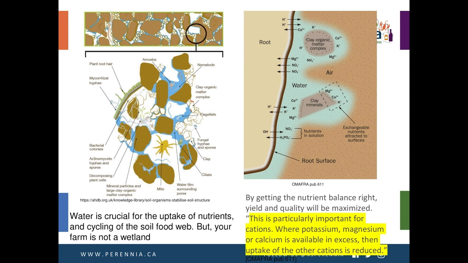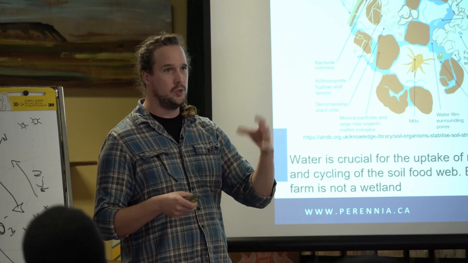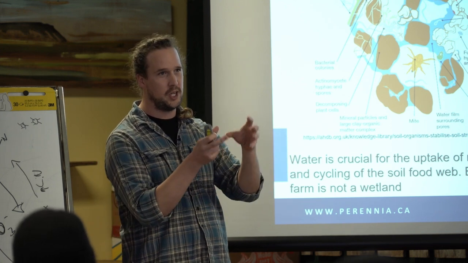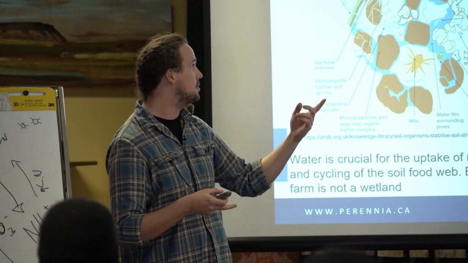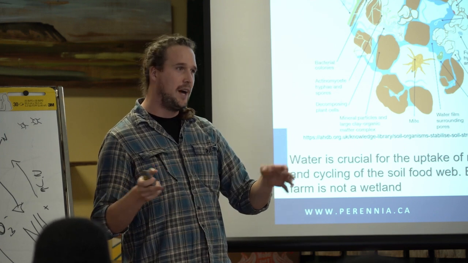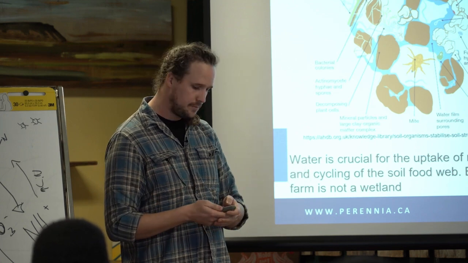Excessive levels of calcium and magnesium reduce the ability for other nutrients to be present right next to your roots, because those exchange sites have been replaced with the excess calcium and magnesium. So it's important to have a balanced amount of nutrition in your soil system.